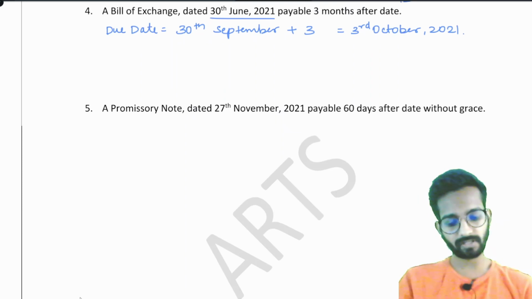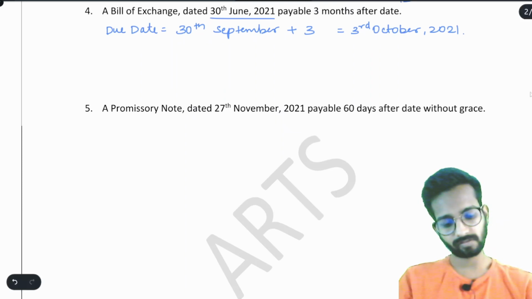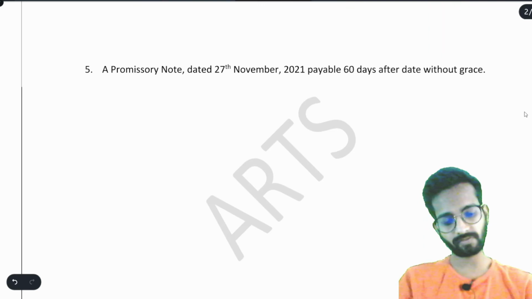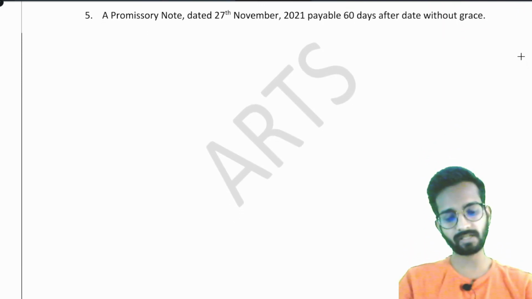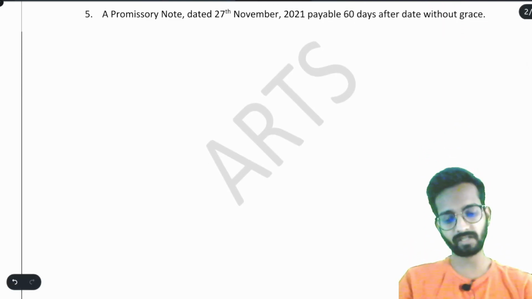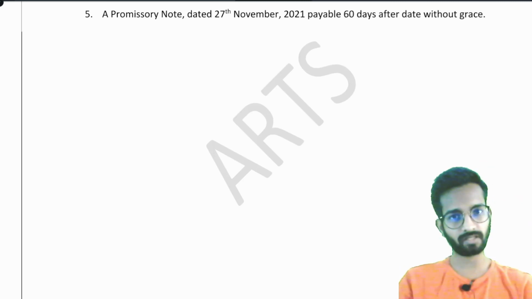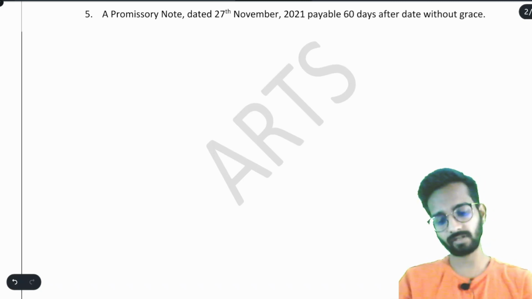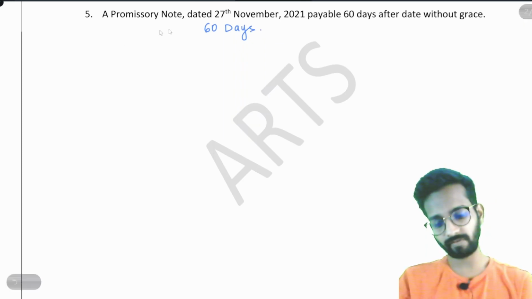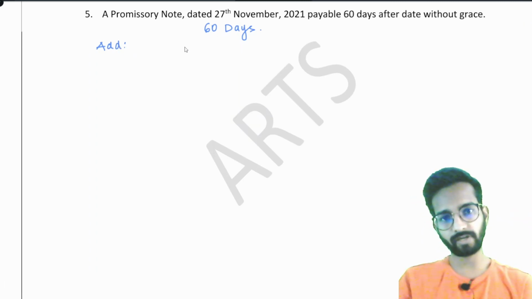Promissory note dated 27th November, payable 60 days after date without grace. Okay, grace days are not allowed. They have mentioned in the question you are not supposed to add the 3 grace days. Now, date was 27th November. How many days are there? 60 days. Okay, so 60 days. Then what do we have to do? How many days from November are pending? 28, 29 and 30.